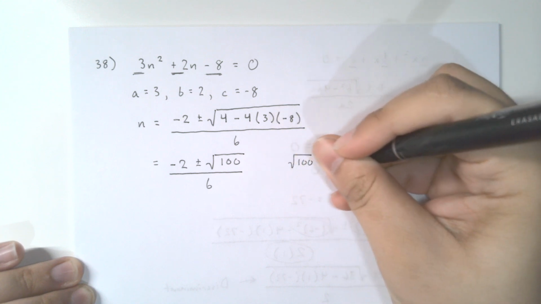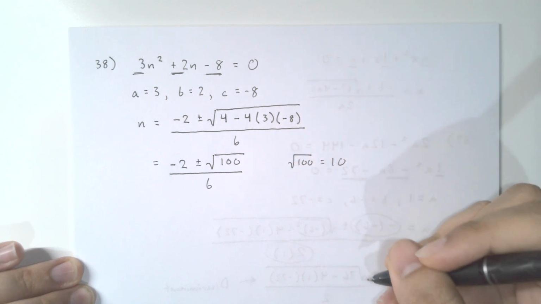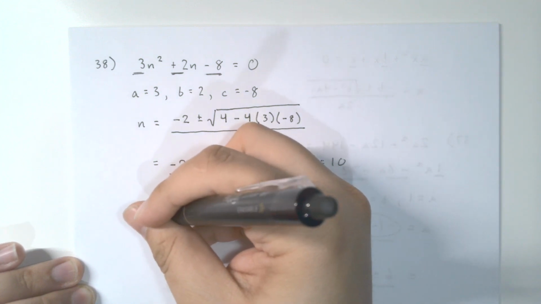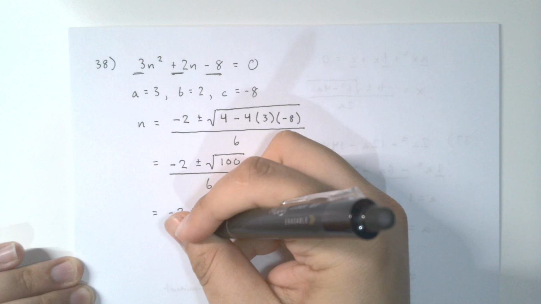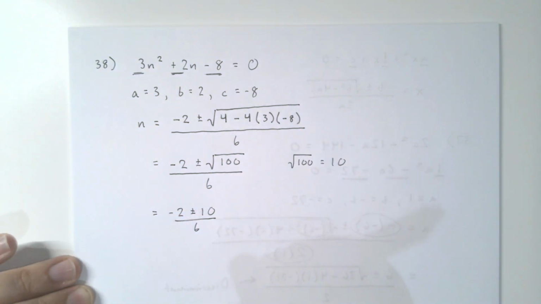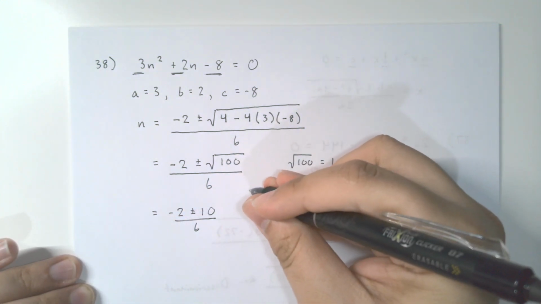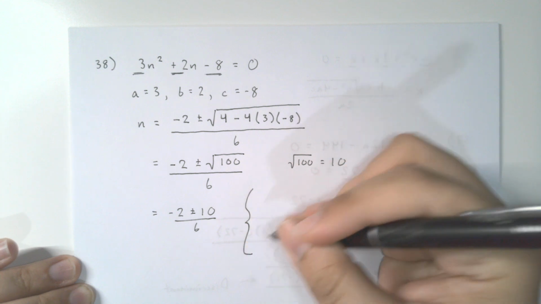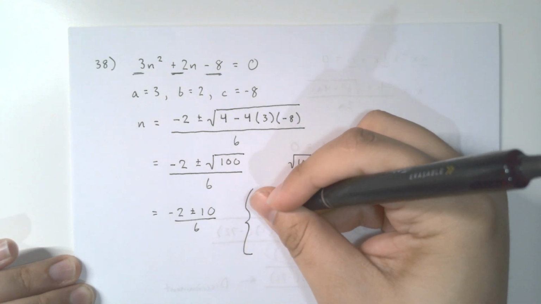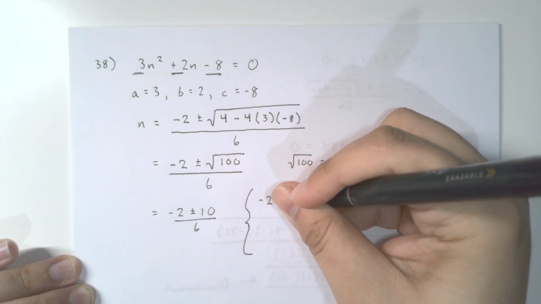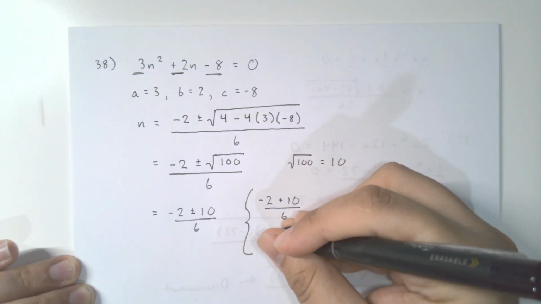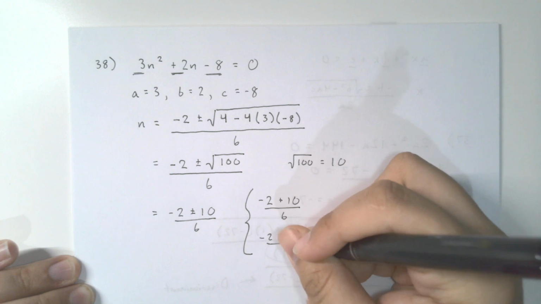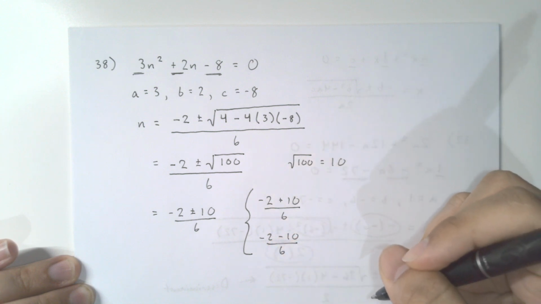Square root of 100 is 10. Which means that we have negative 2 plus or minus 10 all over 6. And this means that we have two different cases here. We have negative 2 plus 10 over 6, and we have negative 2 minus 10 over 6.